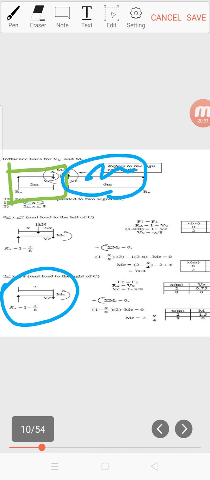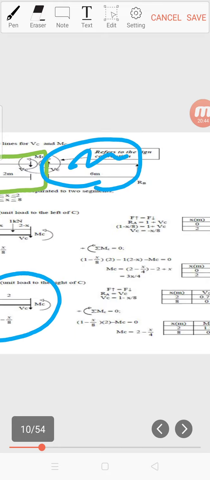Then we can find the VC from this equation here.